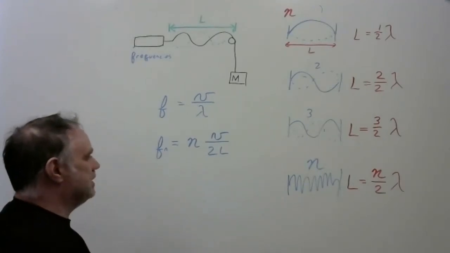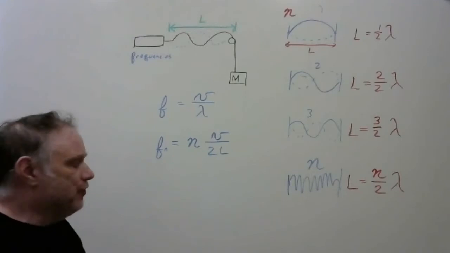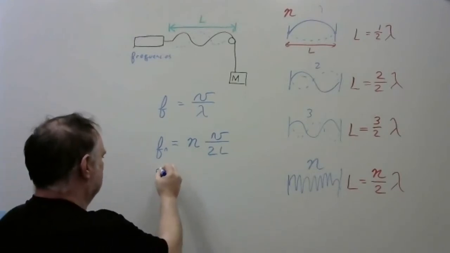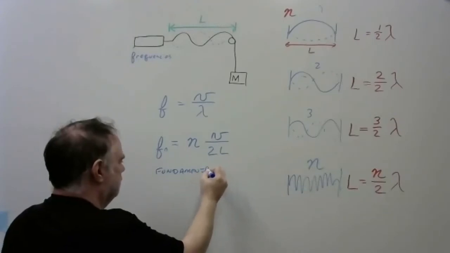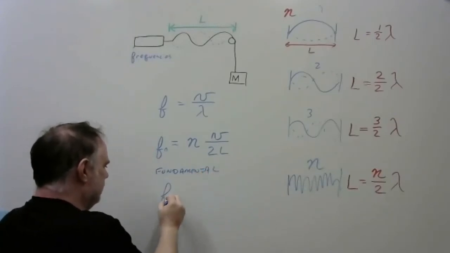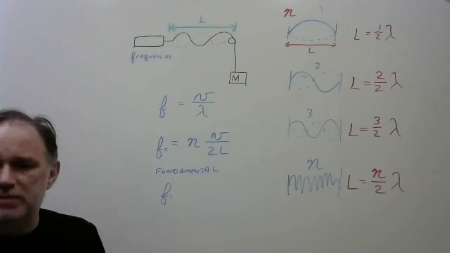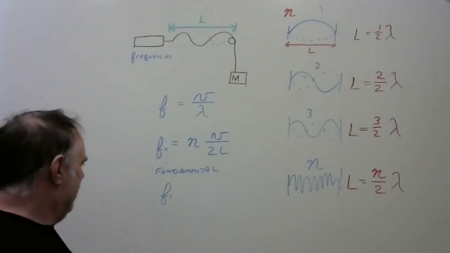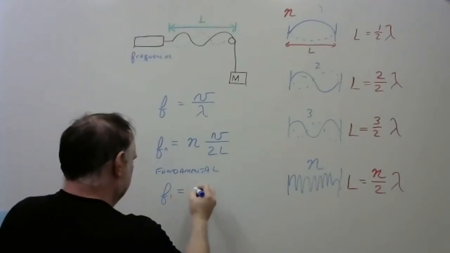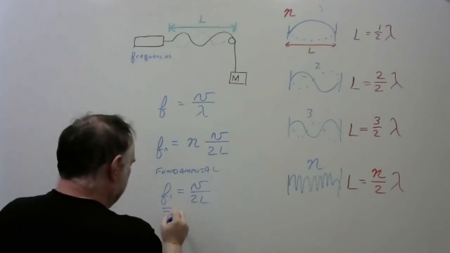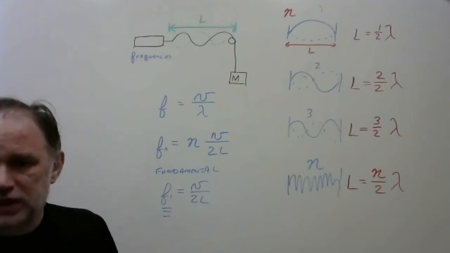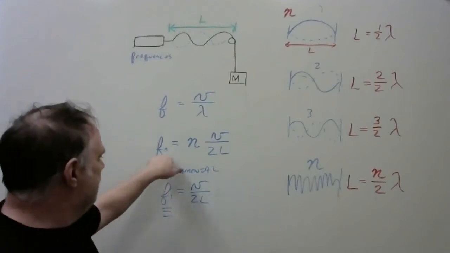So what we're going to do is call the fundamental frequency F1, and that's simply equal to this, velocity divided by 2L. So it's this fundamental frequency that we're going to be looking for, because all other frequencies are going to be multiples of it.